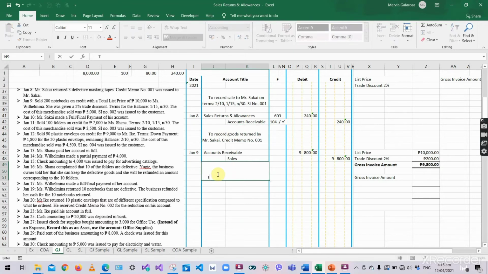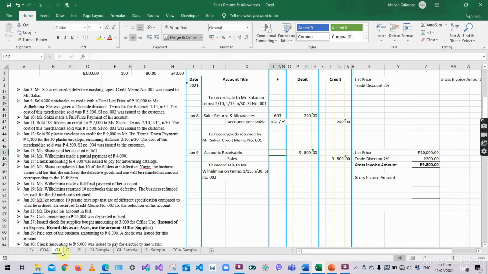Description, to record sale to Miss Wilhelmina on terms 1 over 15 and over 30. SI number 002.